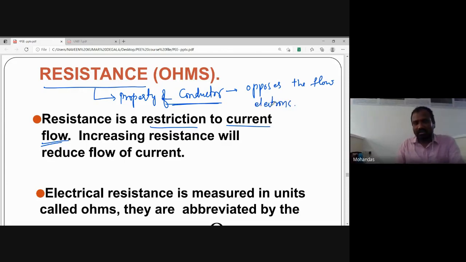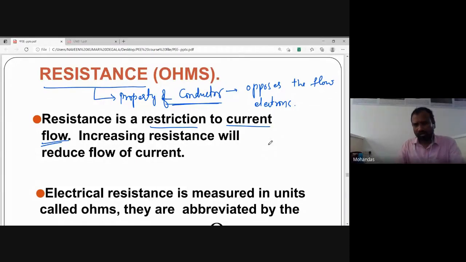It is just like friction. If you take a mechanical one, it is a friction which opposes a bus moving on a particular road. Or if a high amount of wind is flowing, it will oppose the motion of a bus or car.